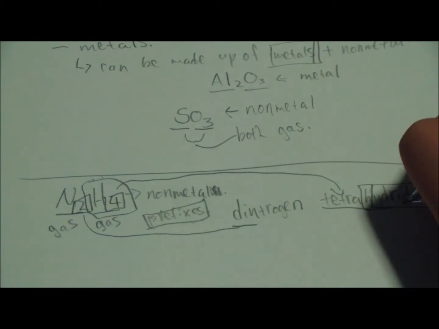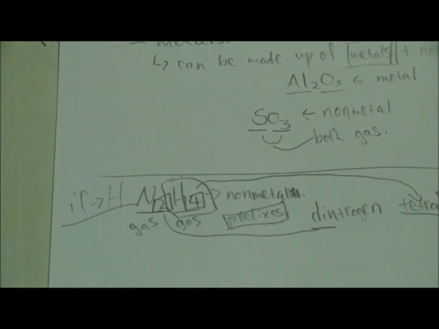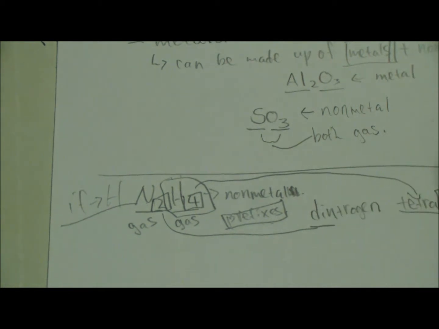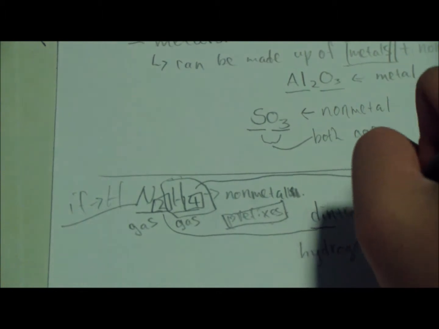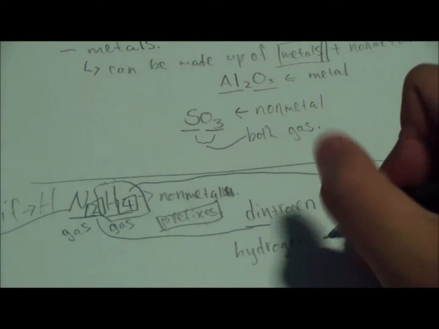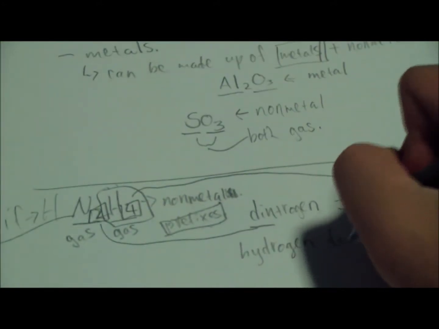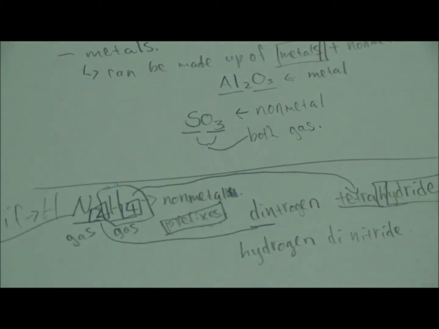Let's say hydrogen is in front, in front of N. I don't know how that happened, but if it is, it would be hydrogen, and let's say there's a 2 right there, so it would be hydrogen dinitride.